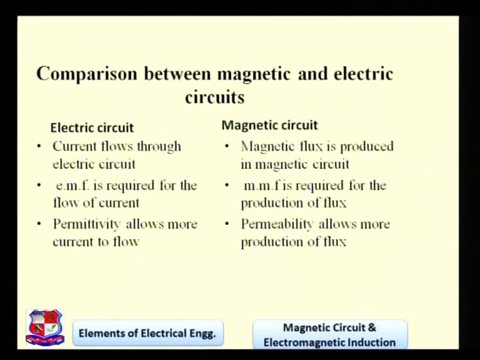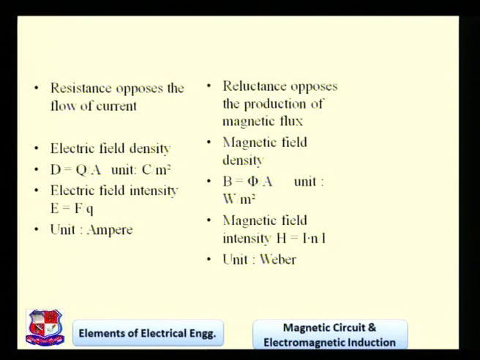So permittivity is there in the electric circuit, and the same in the magnetic circuit we have permeability. After that we can see resistance. As I said earlier, resistance opposes the flow of current in an electric circuit, but in a magnetic circuit, the reluctance opposes the production of magnetic flux.